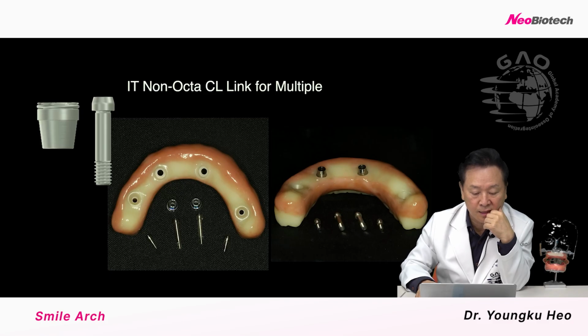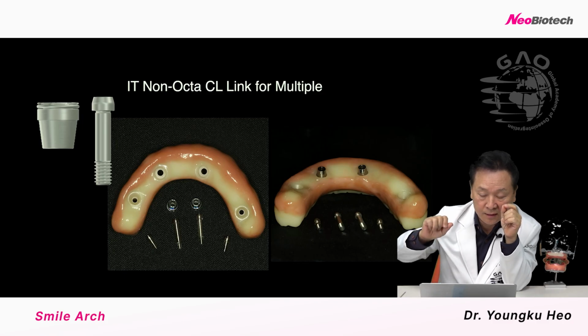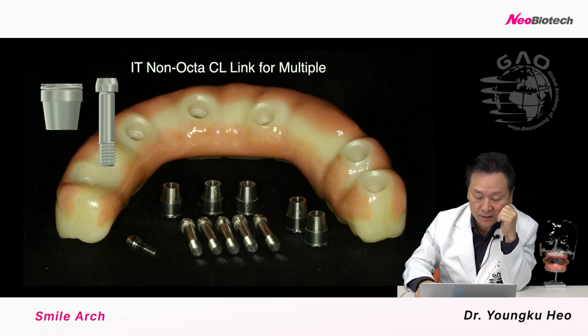But this is a new system Neobiotech developed, called CL link, which means cementless link for multi-unit system. We just put this CL link in the prosthesis without cement. We just tighten this. So this is what the CL link looks like.